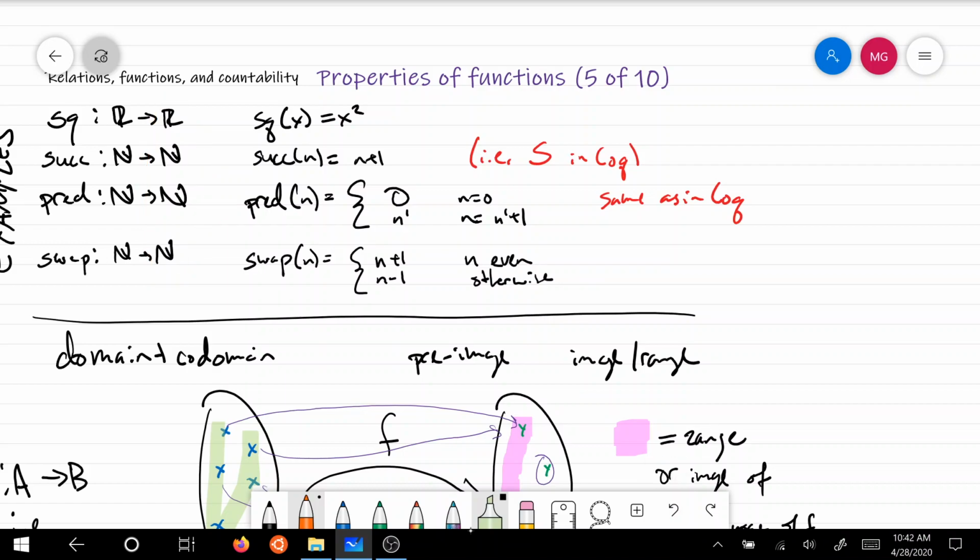So what is the image of the squares in the reals? Well, only positive numbers.